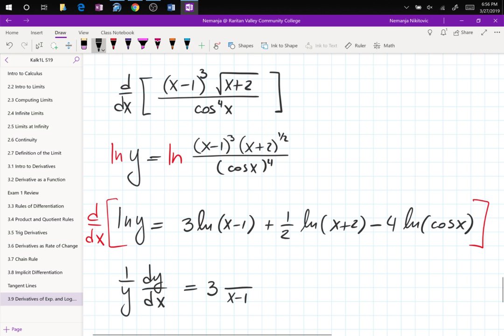So my argument was x minus 1, so I put x minus 1, the same, in the denominator, its derivative on top is 1. Plus copy 1/2, put x plus 2 in the denominator, the derivative of x is 1. Minus 4, copy cosine in the denominator, the derivative of cosine is negative sine on top.